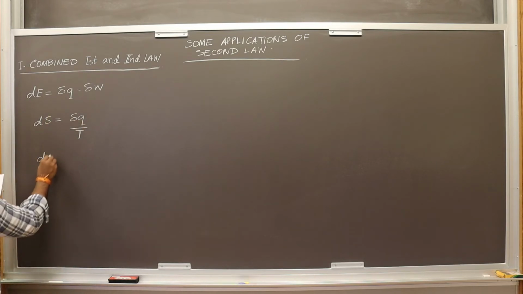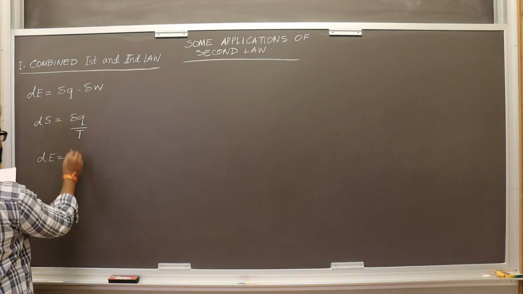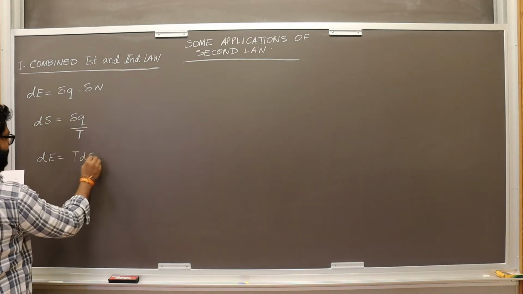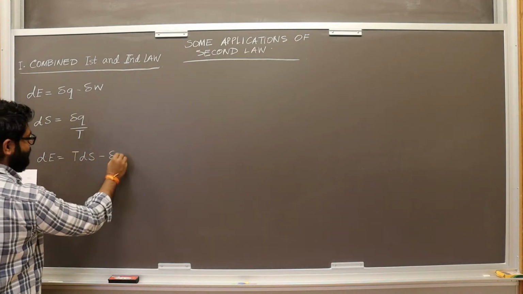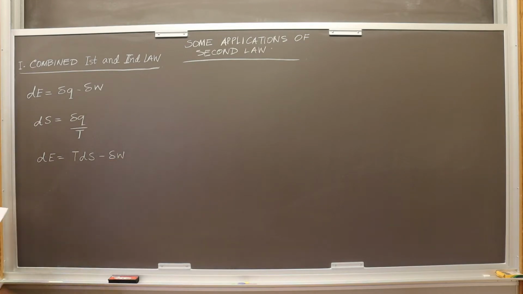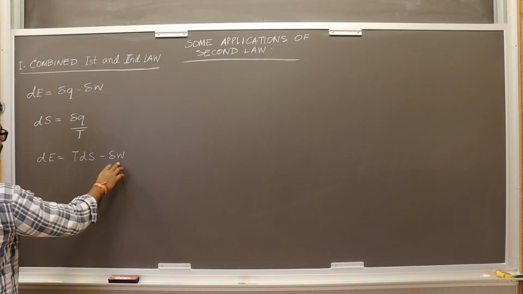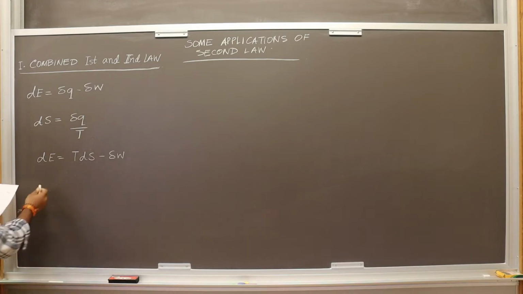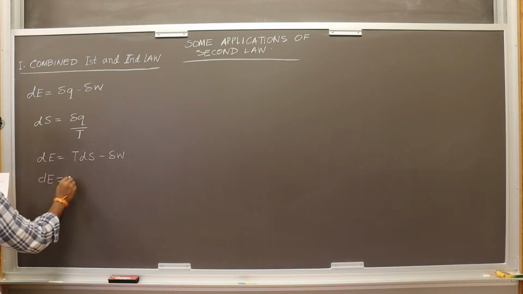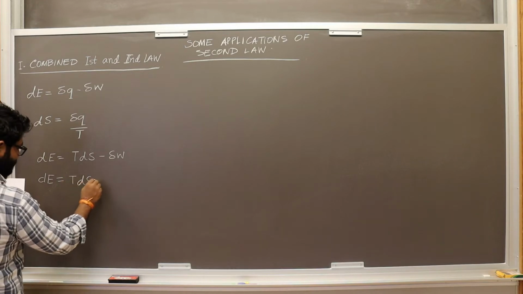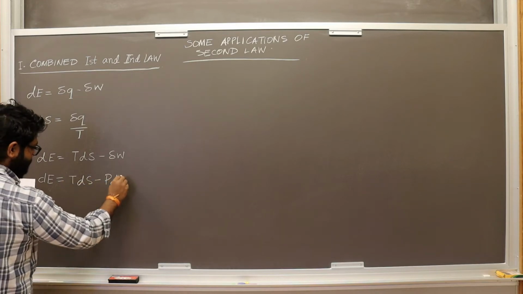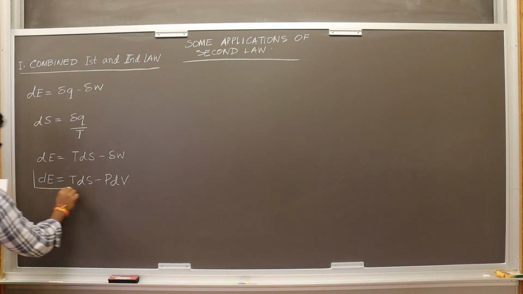So dE becomes T dS minus del W. Now if W is PV work, we can write this as P dV. Now this becomes dE equals T dS minus P dV.